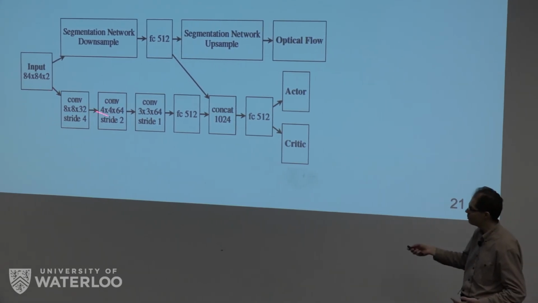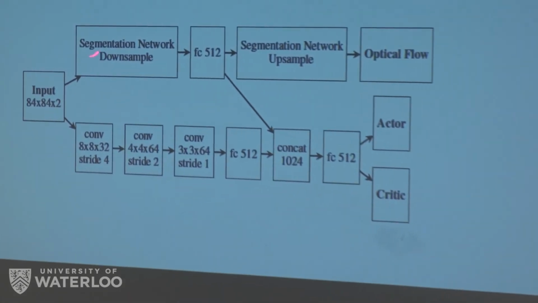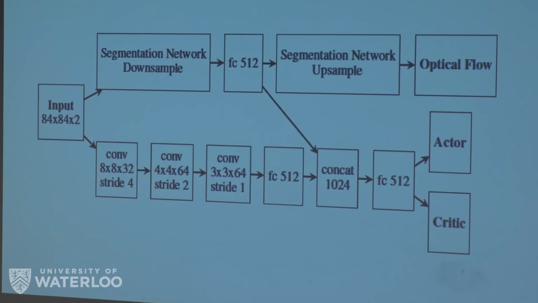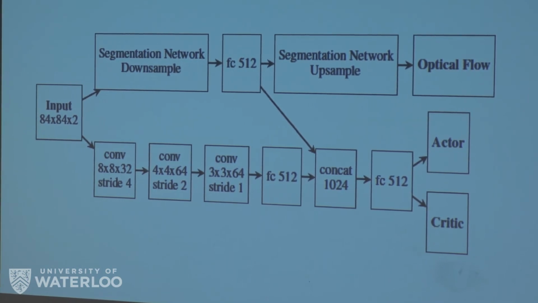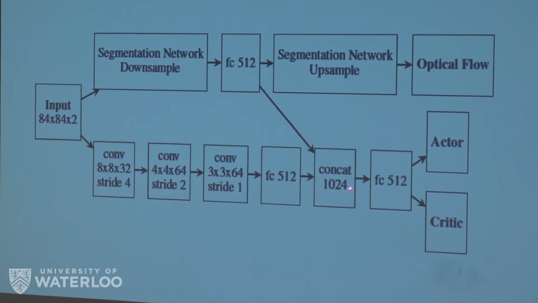So the bottom part is still useful to capture that. Initially, we did try just the top part, got some good results on some games, but some terrible results on other games. The idea is that if there is still some information that needs to be extracted from the raw pixels, you still want to have this ability to do it. And that's why we keep the bottom part here.